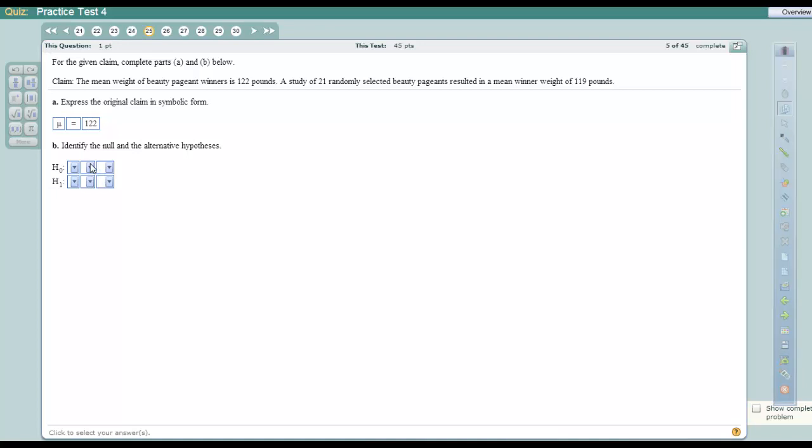Okay, identify the null and alternative hypotheses. Well, this would be my null hypothesis. And the alternative hypothesis would be, they didn't say anything one way or the other, so I'd go with not equal to 122 pounds. Yes? Well, it says the study says 119, so would it be that it's less than?